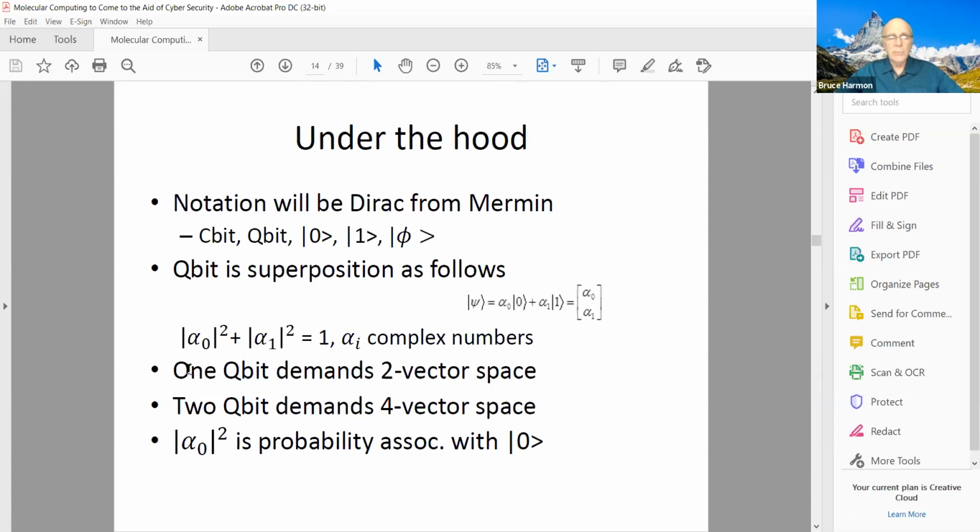So a single qubit we would refer to as having a 2-vector space. You can see that in the equation above. There are 2 coefficients in this vector. And if we have a 2-qubit, then we're looking at the probability of a 0,0, a 0,1, a 1,0, and a 1,1, respectively, and that would be a 4-vector space.